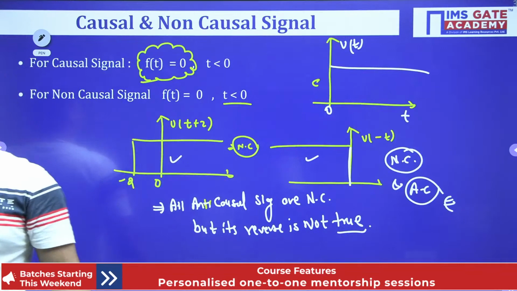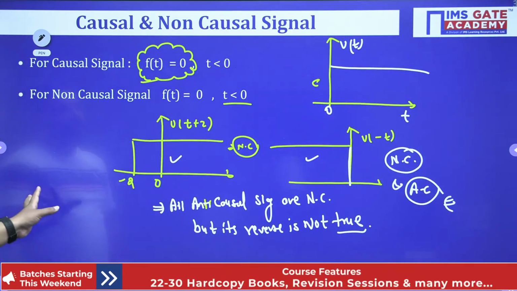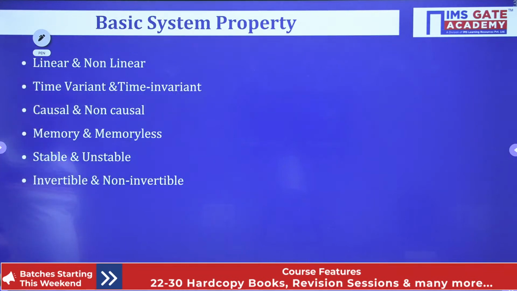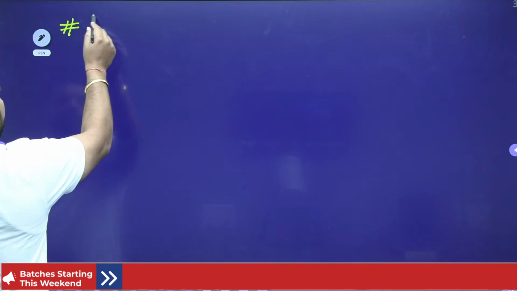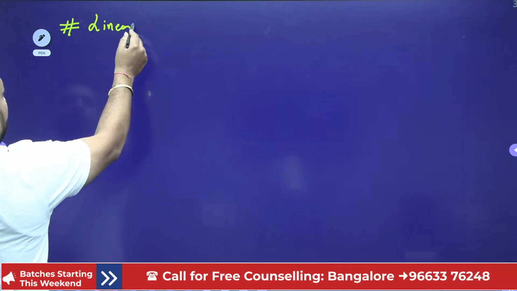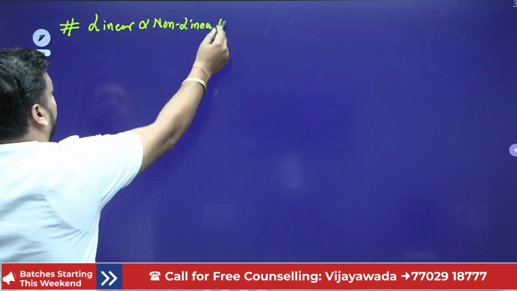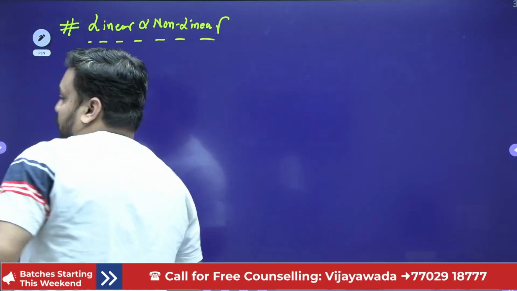Now we are starting system properties. So students, we should start with the first property, that is the linear property. Linear and non-linear property, just make a heading, guys.